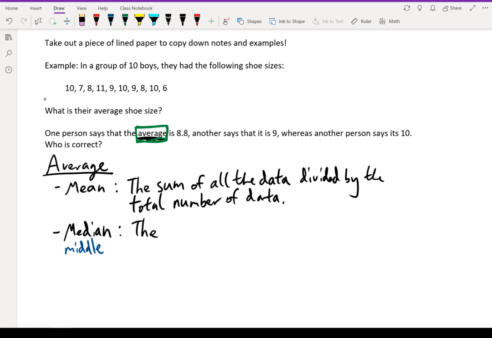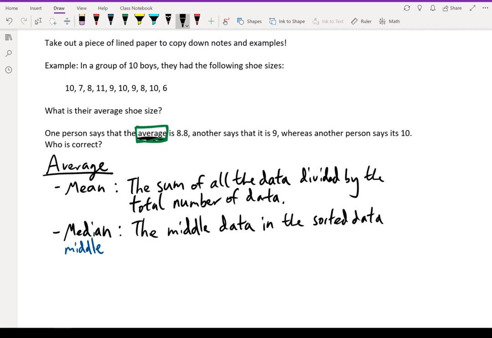Actually, let me change it. The middle data in the sorted data, okay? That means you just pick the middle number, okay?